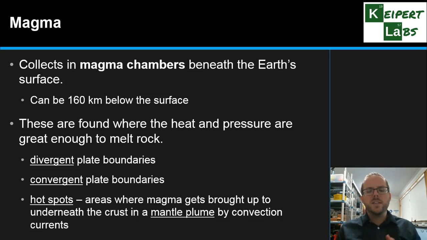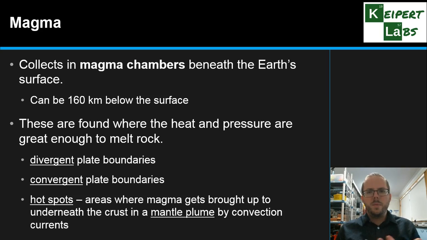Okay, so the places where there is enough heat and pressure to do this are at certain types of plate boundaries. So divergent plate boundaries and convergent boundaries. Not so much transform boundaries because they're not pushing towards each other and creating lots of heat. They just build up energy in terms of the friction. And then also we can get these things that we haven't introduced yet called hotspots.